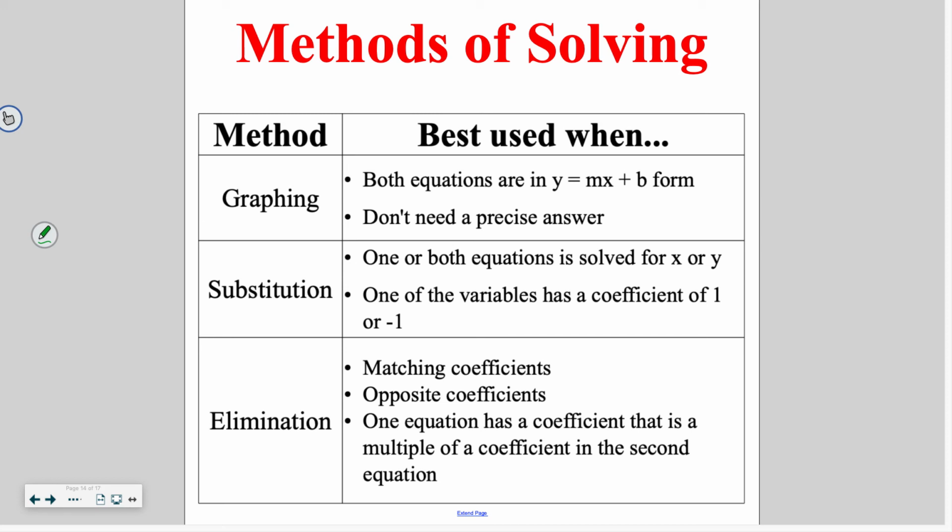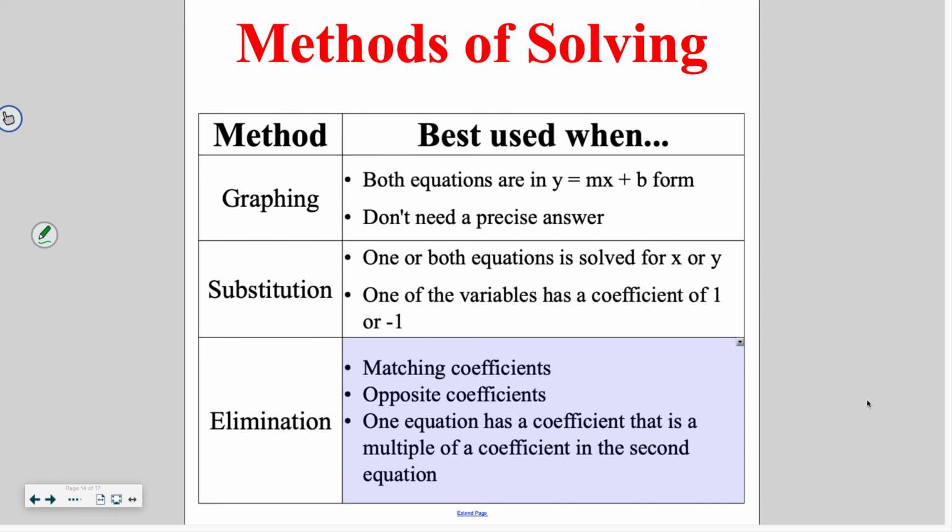So if I had x plus 3y equals 8 and 4x minus 9y is equal to 10, I could easily subtract 3y and then plug x into the second equation because the coefficient on x is 1. So that's another way that we can use substitution.